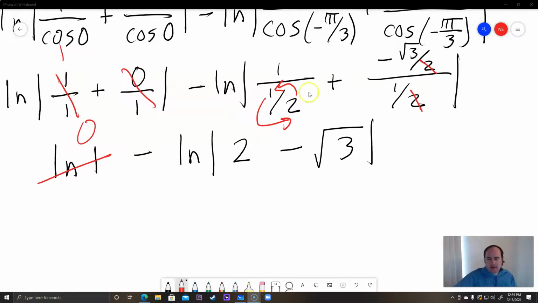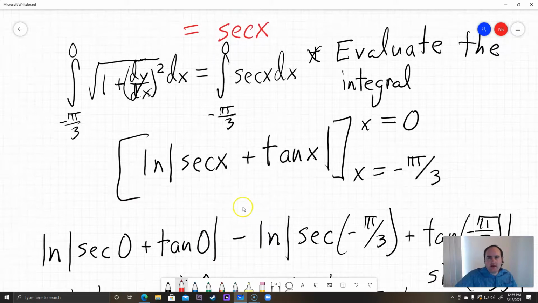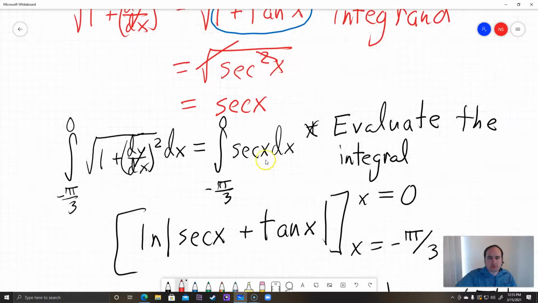So I did make a mistake here because I was looking at what my math lab did and they actually made a mistake in what they wrote. So back up here, we have an absolute value of secant of x, and I just kind of blew that off because my math lab didn't write it in their notes. I shouldn't have blown that off.